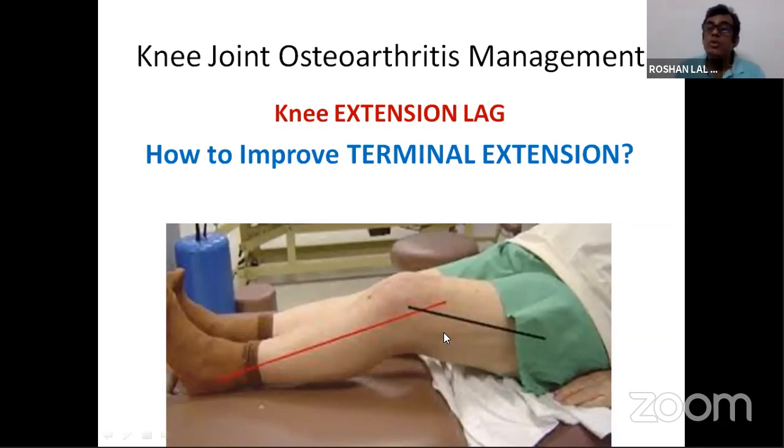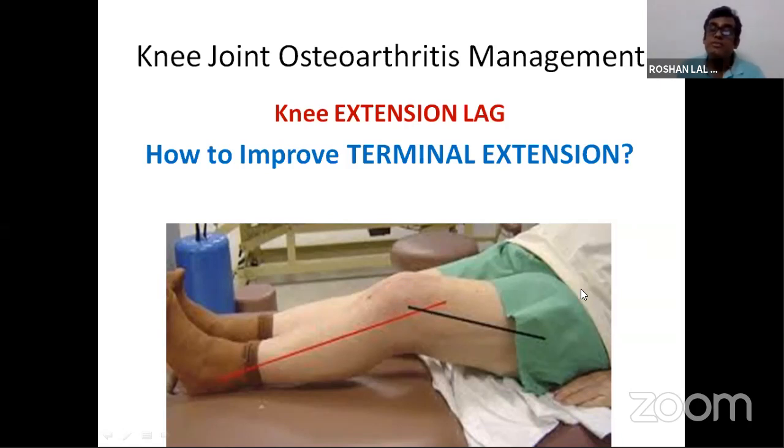So anyone who walks with the knee flexed will have more ground reaction forces on the patellofemoral joint, and the patient finds it difficult. After 10 or 15 minutes, they cannot walk. So correction of knee extension lag is very essential for the physiotherapist.